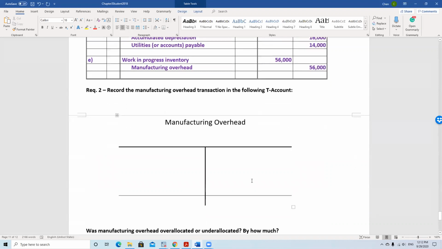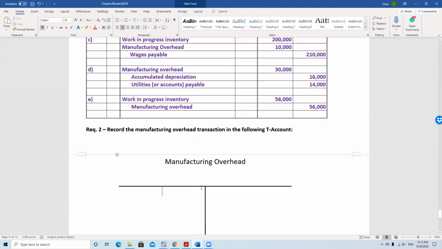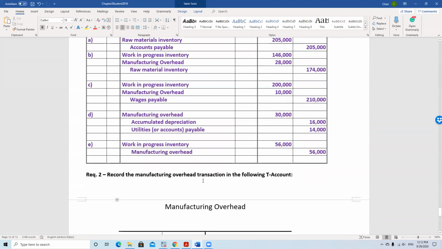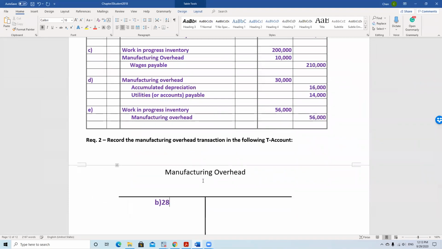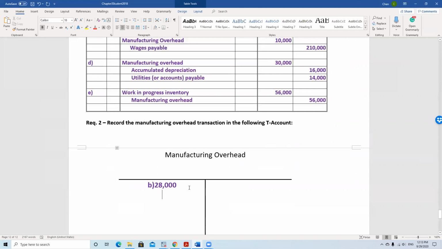Okay, this is fun. Let's see where we use. First we have here, we record indirect material as a debit of 28,000. It's on B. And then we record indirect labor, which is 10,000 at C. And also we have D, where manufacturing overhead actually happened, 30,000.